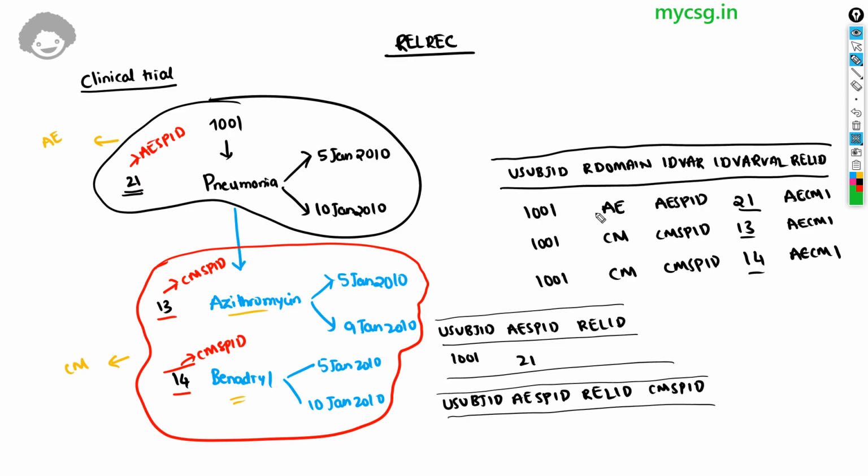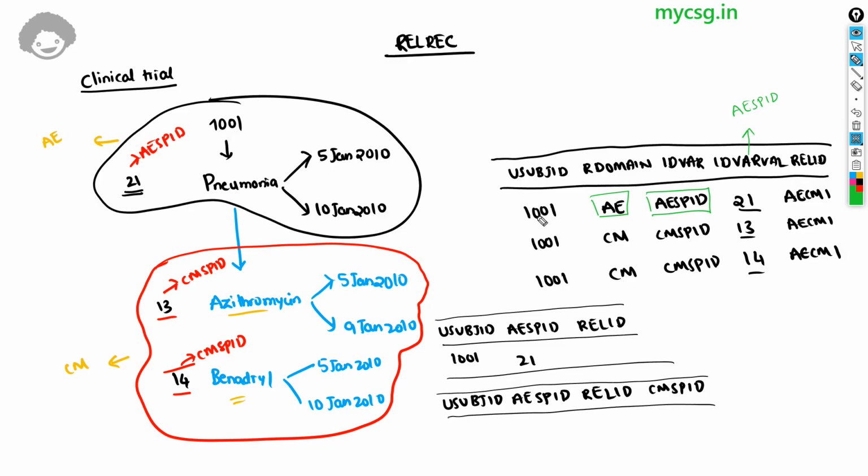So we first need to subset the records where RDOMAIN is equal to AE, and we know that the identifier variable is AESPID. So we filter for the records where RDOMAIN is equal to AE and IDVAR is equal to AESPID. We know that the value 21 present in IDVARVAL is nothing but the AESPID value. So in the first step, we can rename this IDVARVAL to AESPID.